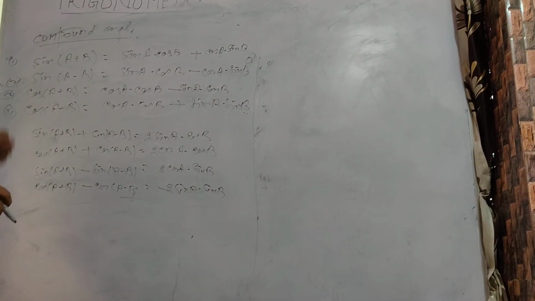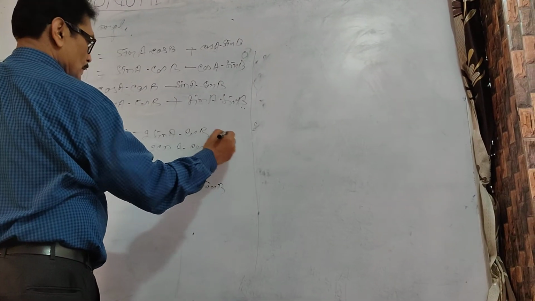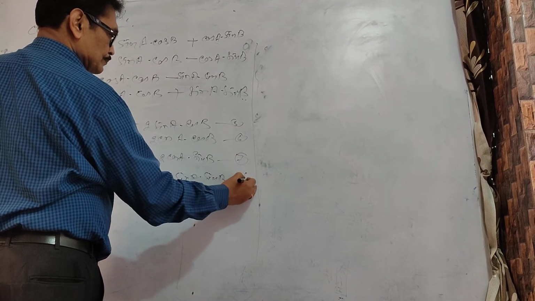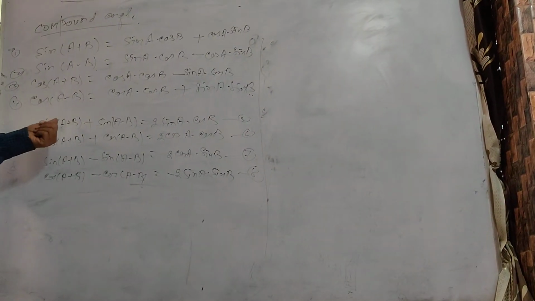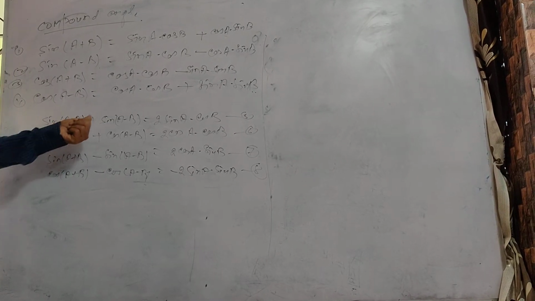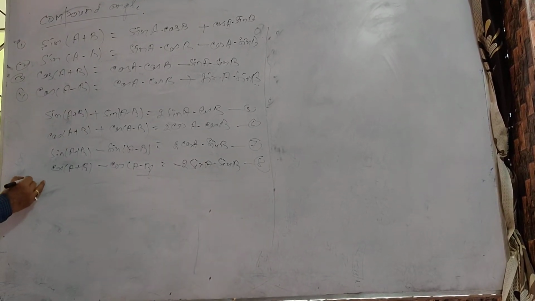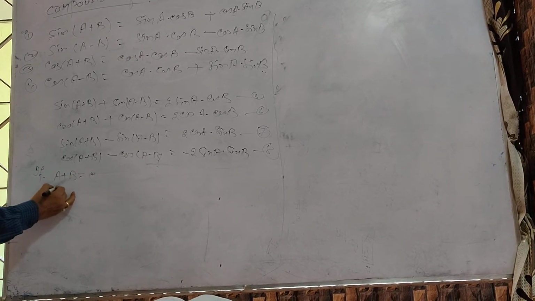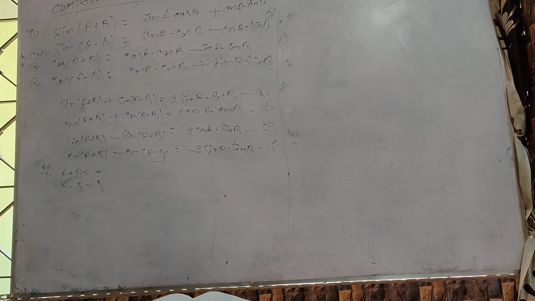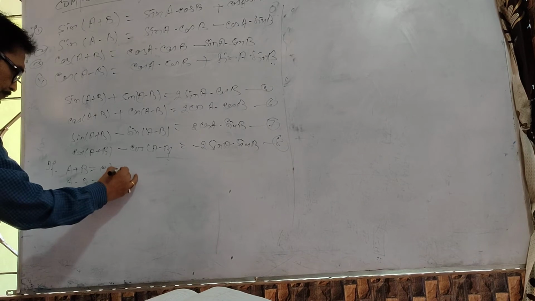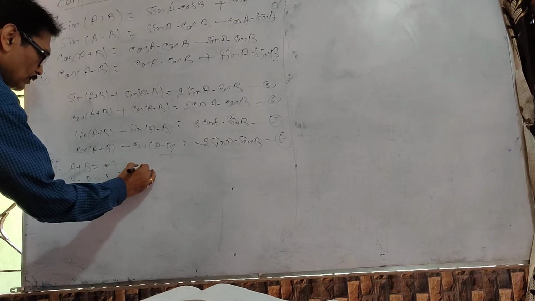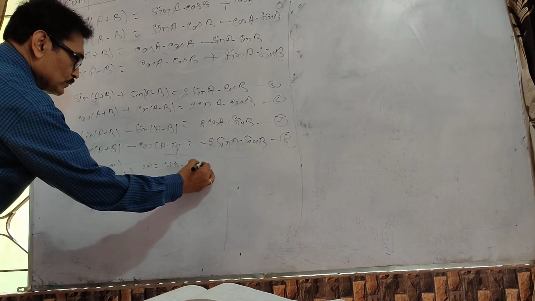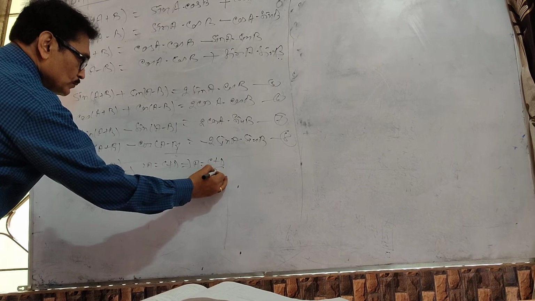Now here, if we consider A plus B is equal to C and A minus B is equal to D, this will give you, on adding, 2A is equal to C plus D. This implies A is equal to C plus D upon 2.